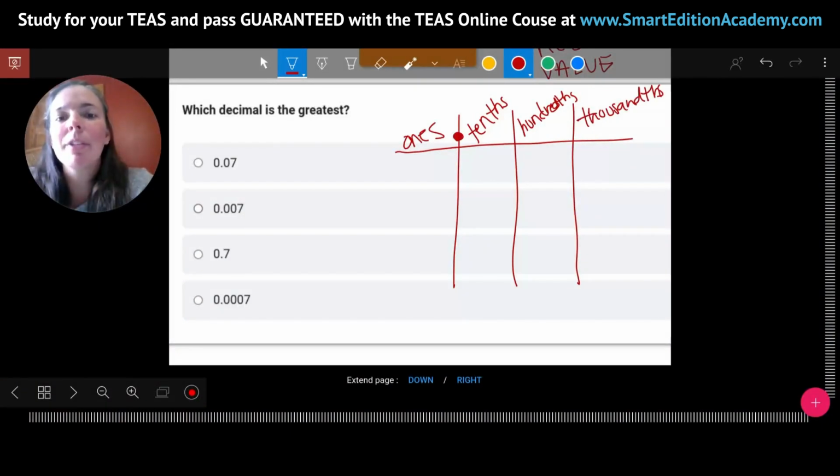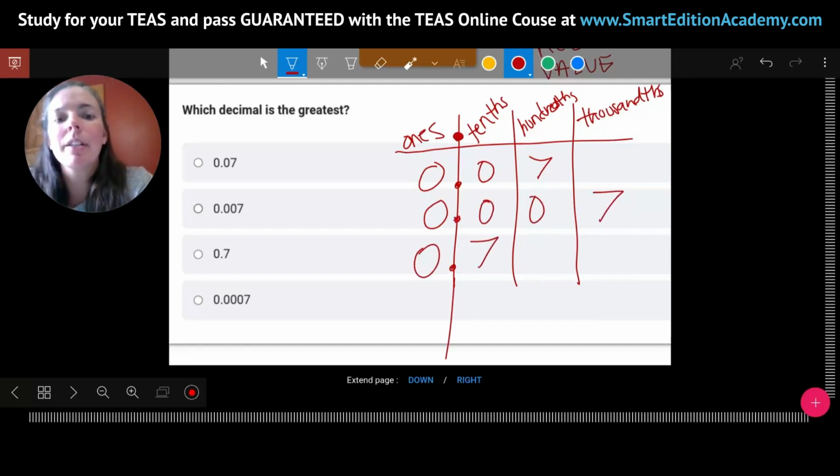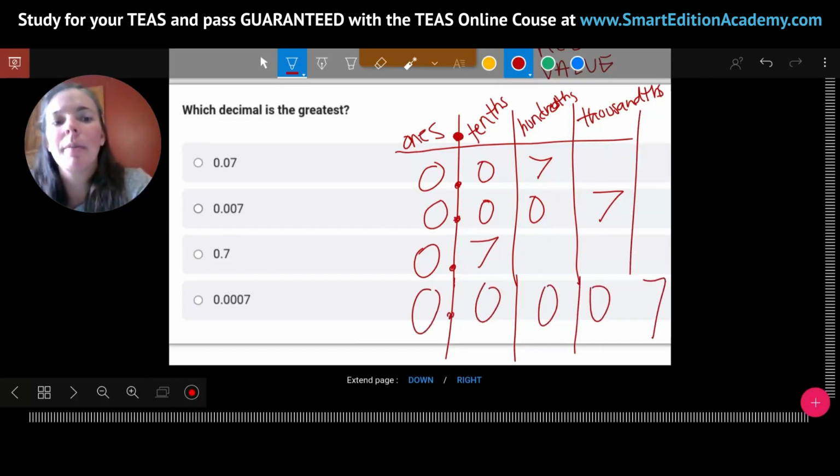So when I look at the first one, 0.07, this is why I say 7 hundredths. 7 is in the hundredths place. Okay, 0.007, 0.7. So where the decimal is very important. Okay, and I can just make one more little place for this last one.